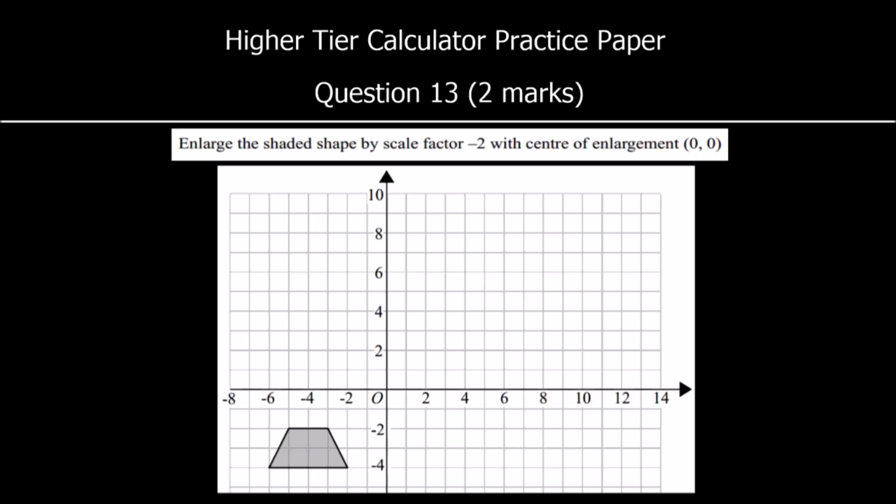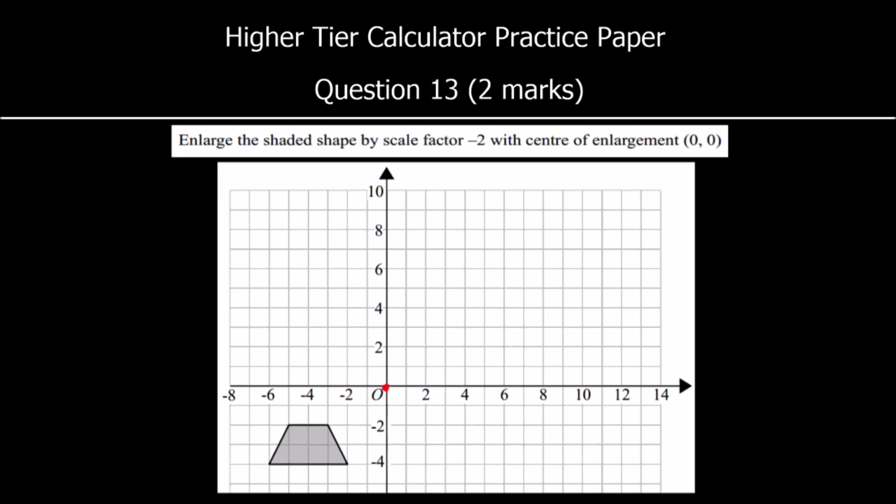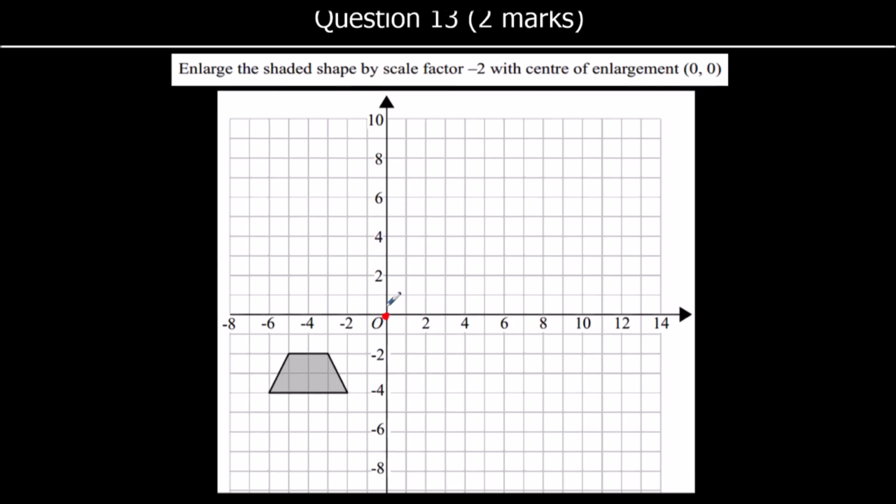Question 13. Enlarge the shaded shape by scale factor -2 with a center of enlargement at 0, 0. So we are going to see how far we have to go from our center of enlargement to get to each point.